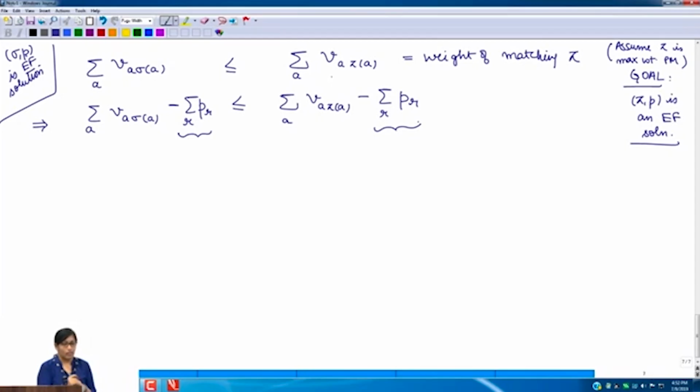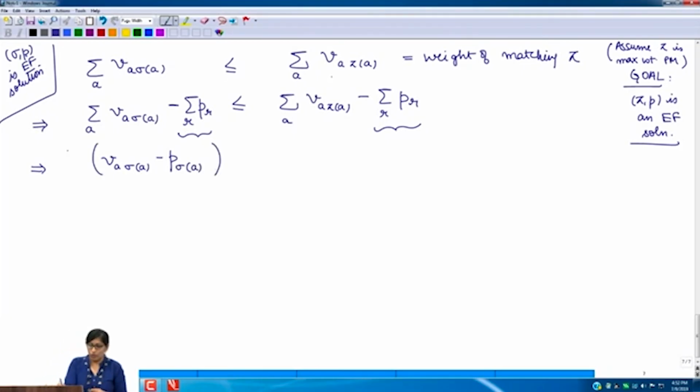And then I'll regroup these quantities in a particular way, which is quite intuitive. How should I regroup? This particular agent A is getting sigma A room. So I'll regroup it as V of sigma A minus P sigma A, and then sum it over all agents A.